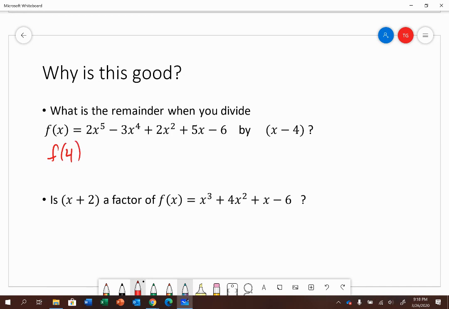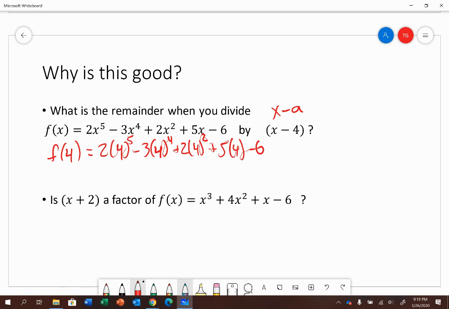Right? Because x minus 4 is like x minus a, so a would be 4. So we'd have 2 times 4 to the 5th power minus 3 times 4 to the 4th power plus 2 times 4 squared plus 5 times 4 minus 6. And I don't know what this is. I should have chosen an easier number.